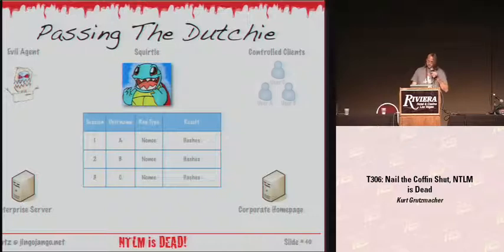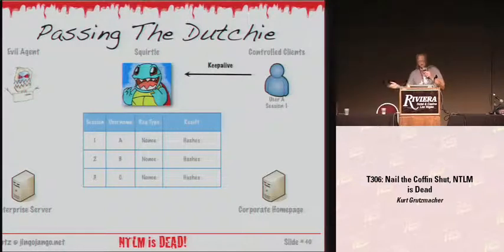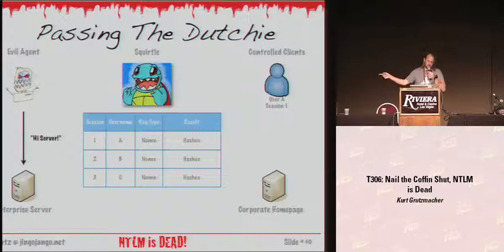All right, so now we're going to care about just one user, user A, in session 1. He's going to call Keep Alive, hey, Squirtle, hey, client, nothing for you. Okay. Now, as an evil agent, we're going to want to talk to this enterprise server. Now, this enterprise server can be SMB, it can be NetBIOS SMB, it can be HTTP, it can be IMAP, it can be whatever you want.